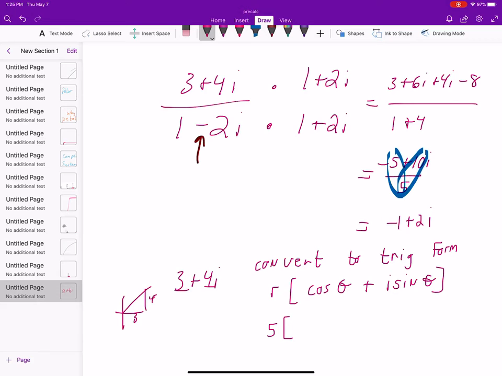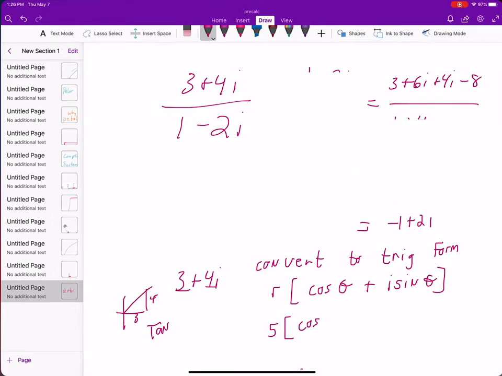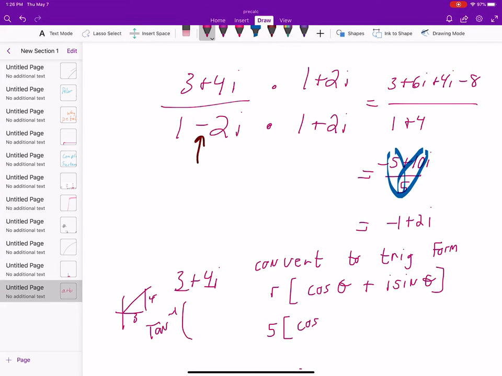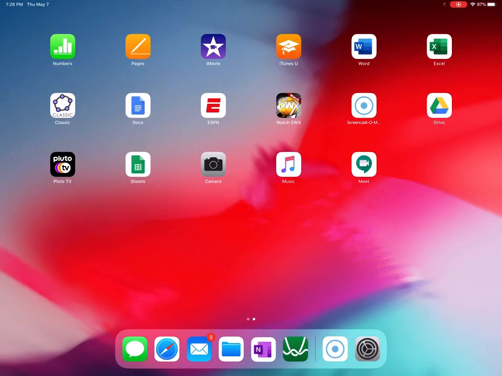Now I need to figure out what the theta is. So I have to use my inverse tangent of 4 over 3 because it's opposite over adjacent. I'm always going to put the imaginary part over the real part. My choice to figure that out would be to use Desmos.